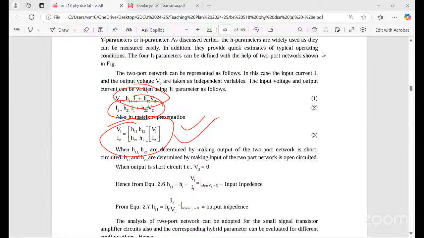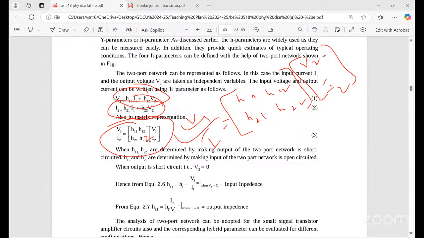V1 equals H11, H12, H21, H22 matrix representation with respect to V2, I2, V1, I1 and so on.